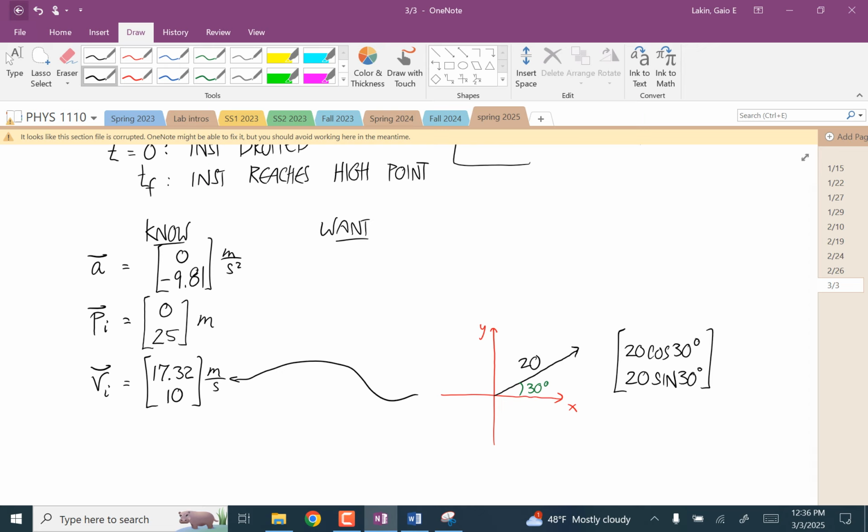I skipped what I usually do as the next one, PF. So what do we know about PF? We don't know anything, but we do want to find PFY. We're trying to find the height at time final.